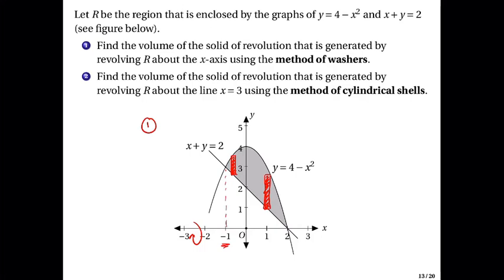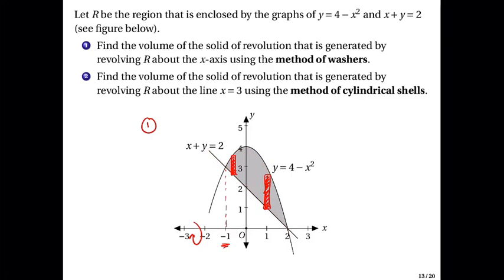So here we have this vertical strip here. We also have this vertical strip here. And as you can see all throughout, the above function here, it's the parabola y equals 4 minus x squared. And then the below function here is the line x plus y equals 2.